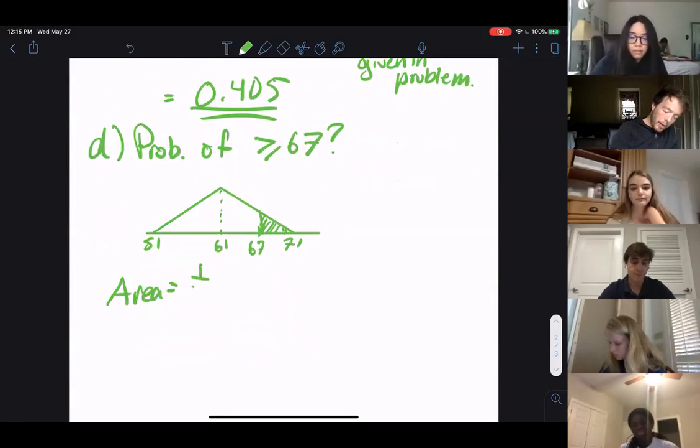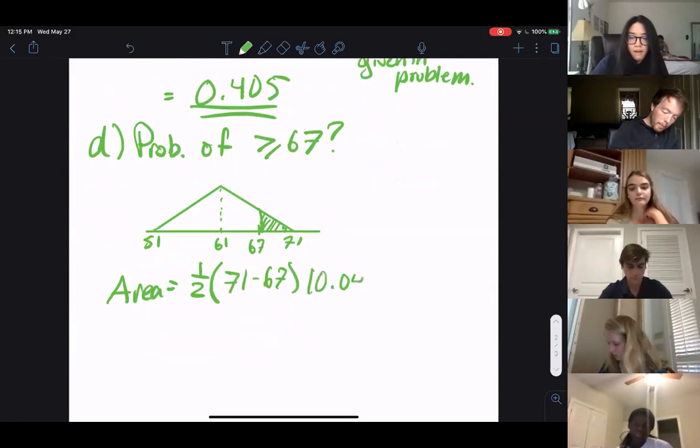Area is equal to 1/2 the base, which is 71 minus 67 here, times the height, which I gave you in the problem, 0.04. Let's find out what this is.